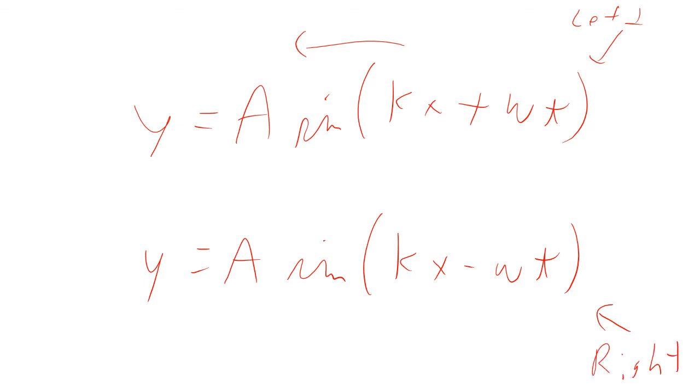Okay, when I was a student, this really confused me, because those signs, the plus means moving left and the minus means moving right. I found that very confusing. So I like to point that out right here so that you don't get confused by it. Just point out this is why it's the way that it is.